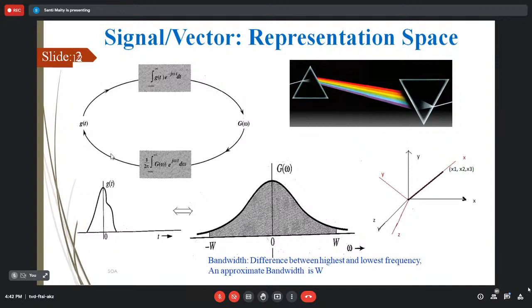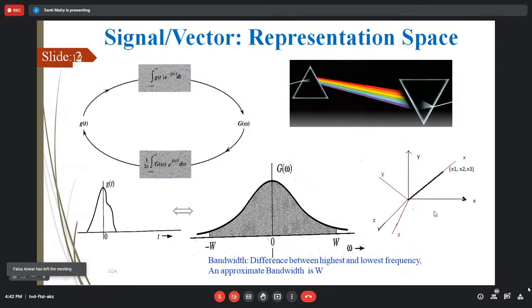Like your Cartesian coordinate system i, j, k, the same role is played by the Fourier series, sine omega, sine 2 omega, cosine 2 omega. So a0, a1, a2, a3 are like the coordinates, the coefficients of sine omega, sine 2 omega. So in signal space representation, you need to represent your time varying function as a dot point in that signal space.